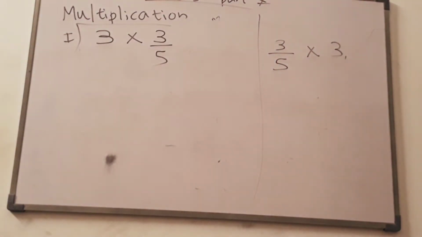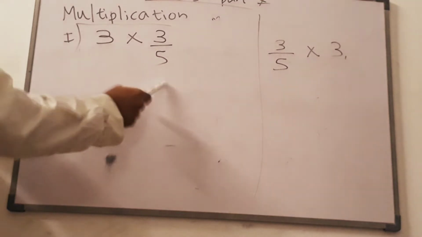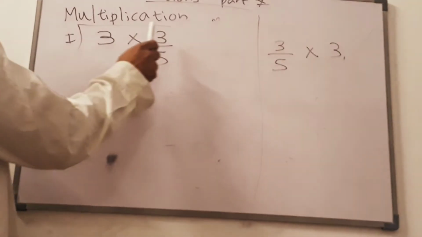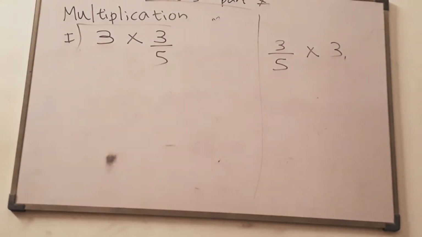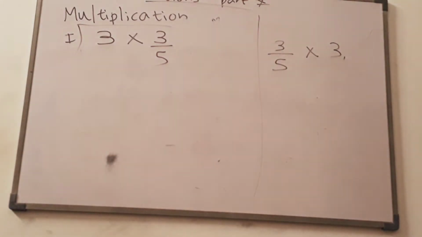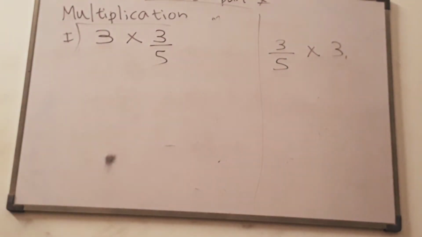When you are asked to multiply a whole number with a fraction, first we have to multiply the numerator with the given whole number. But before that, notice whether 3 is a multiple of the denominator or the denominator is a multiple of the whole number.